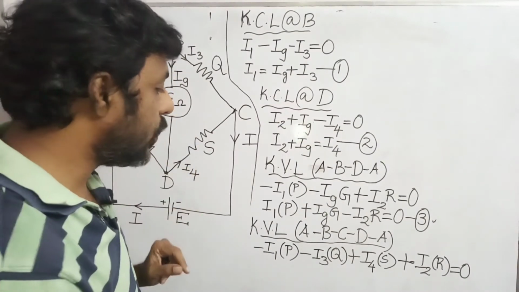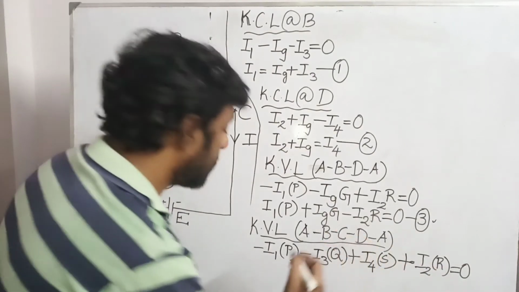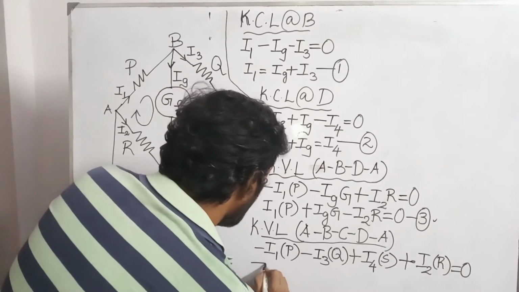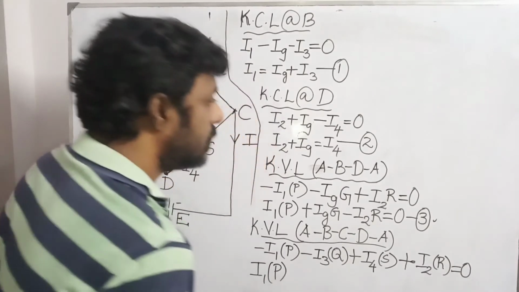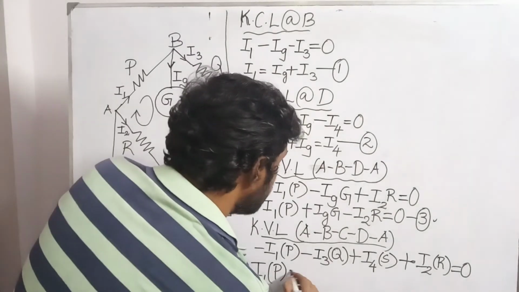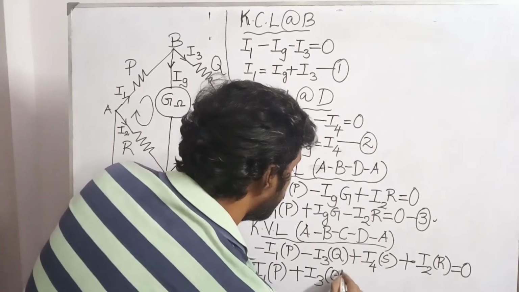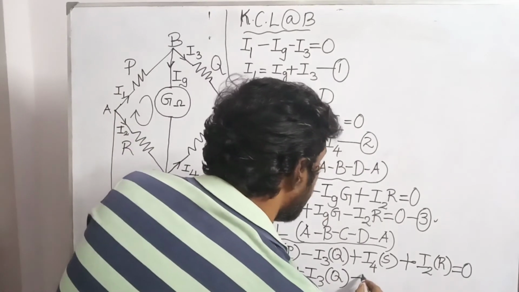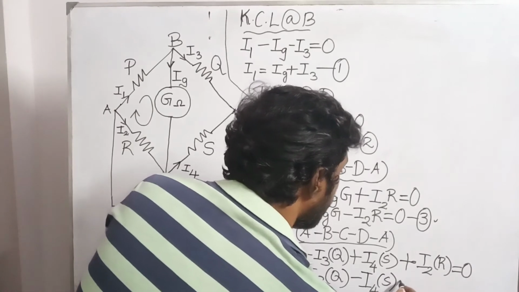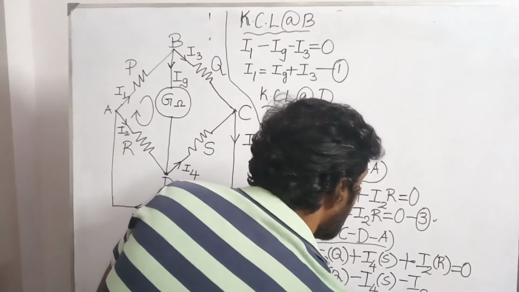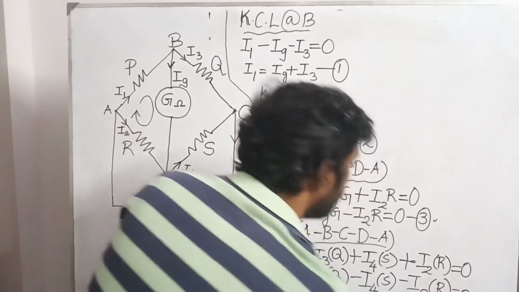So now what am I going to do? I am going to change the signs. So it will be I1 into P plus I3 into Q minus I4 into S minus I2 into R will be equal to 0.